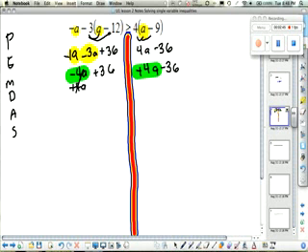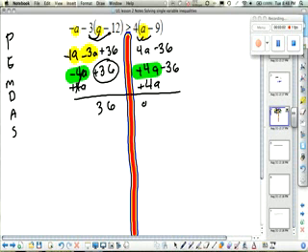If I do it to this side, I have to do it to this side. Positive 4A. Only thing left over on this side is 36, so I'm going to bring this 36 down. Here, 4A and 4A make 8A minus 36.